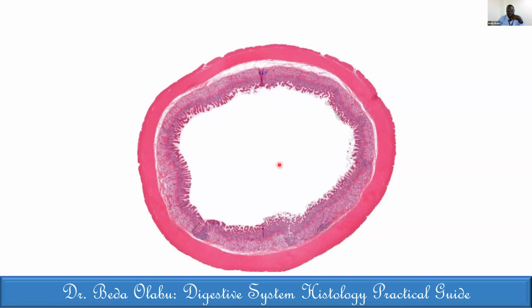So we start with this one. We see a luminal organ. This magnification is not very optimal to say much, apart from the fact that we can see probably a muscular wall there, and something that we can't pick much at this magnification.